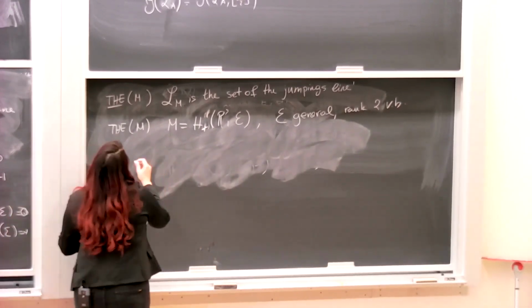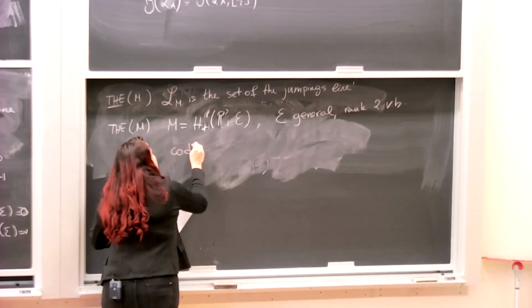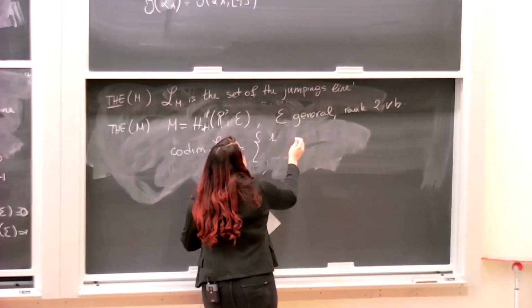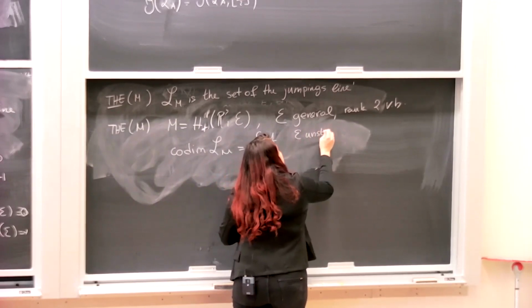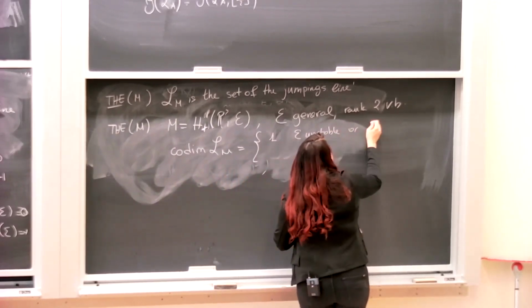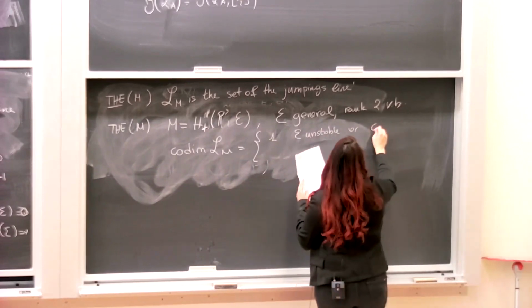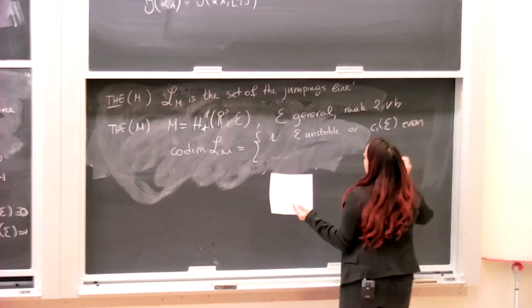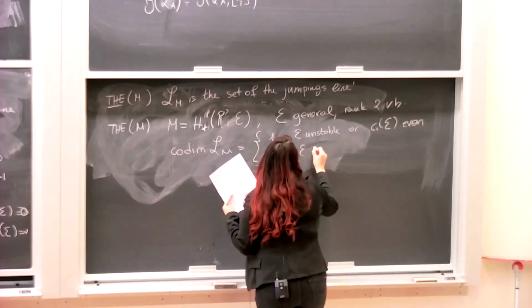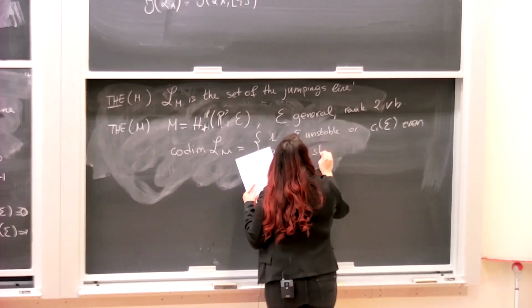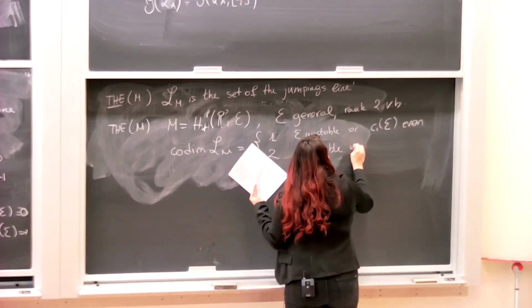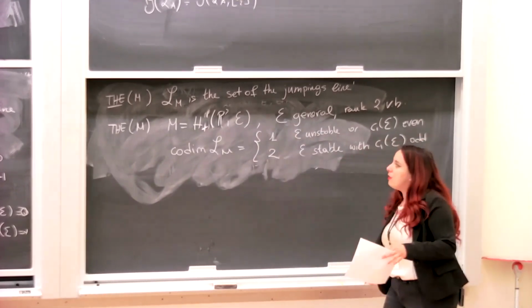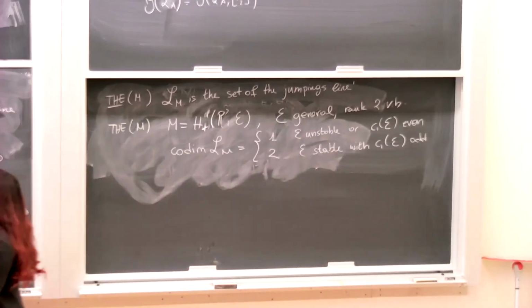In particular, the codimension will be 1 in the case E is unstable, or in the case that c1 is given, and is actually 2 in the case when E is stable with the Forster class odd. So for the lines, we have exactly the same thing.